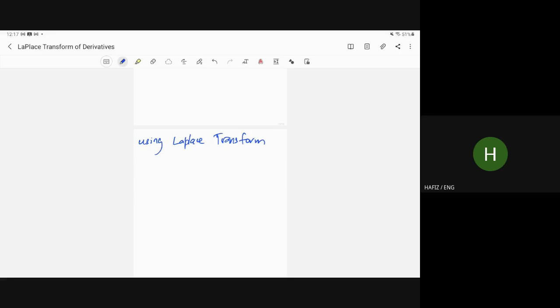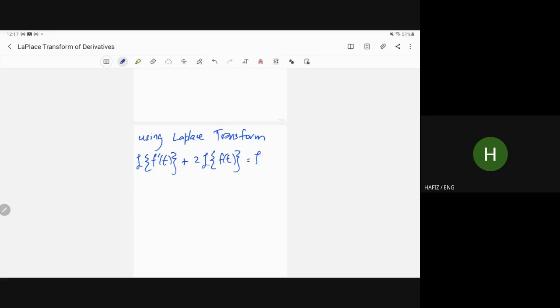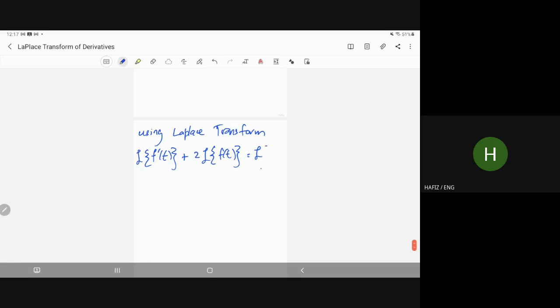Now let's try that in Laplace. Okay, so when you use Laplace transform, you apply Laplace to both sides of the equation. Then e^(3t).